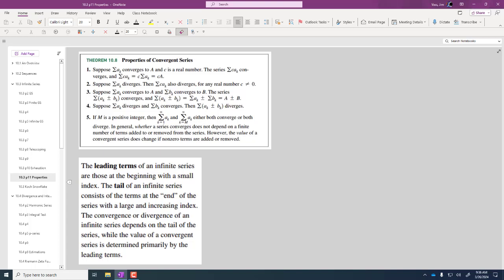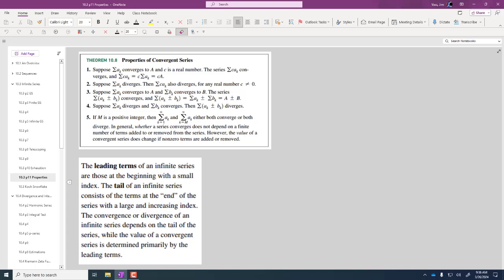Divergent. It could go to negative infinity or positive infinity. Diverge means one or the other, or oscillate. It just means it doesn't converge. So there's no way to make a divergent series converge by adding stuff or multiplying by a constant. If it's divergent, it's going to stay divergent.